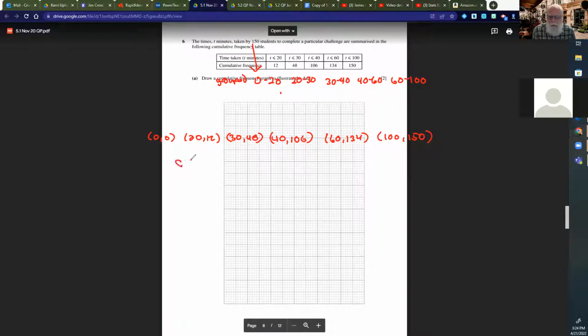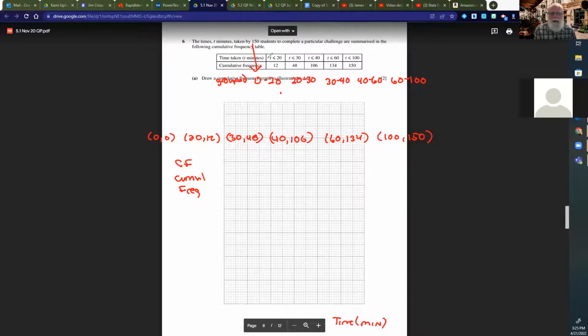You could just put CF or something like this. You could abbreviate it. If you put CF, they'll know what that is. And then what goes along here? Time. And what's time measured in? Minutes. And that's important that we put that, okay?